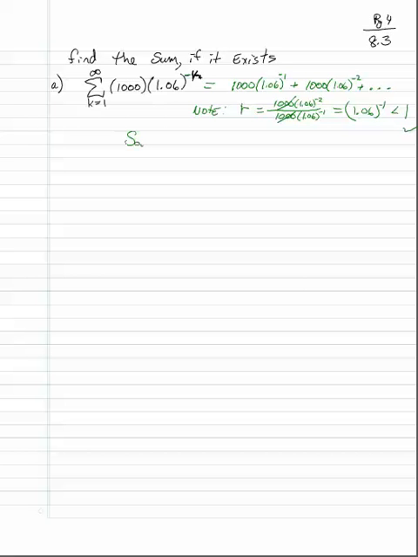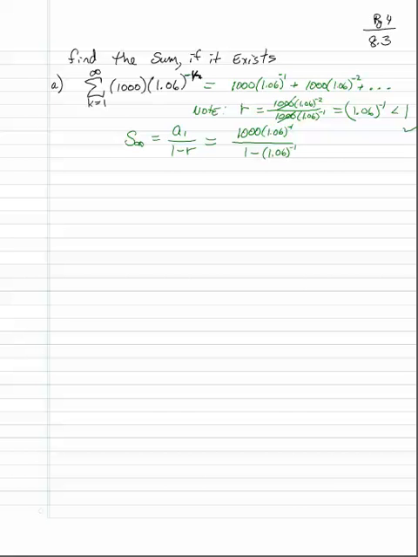So S sub infinity is A sub 1 over 1 minus r. So we have to figure out A sub 1. Well, it's just 1,000 times 1.06 to the negative 1, over 1 minus 1.06 to the negative 1.